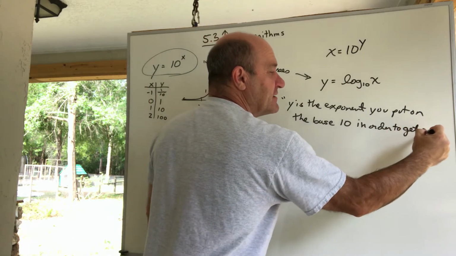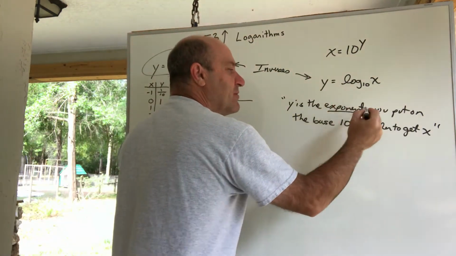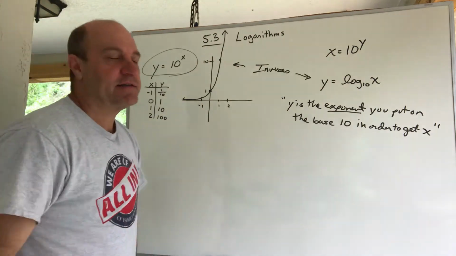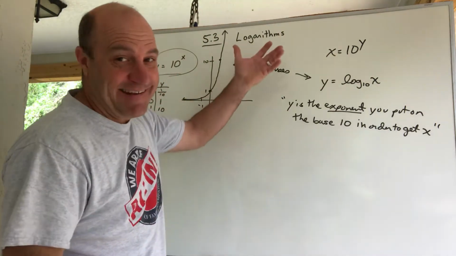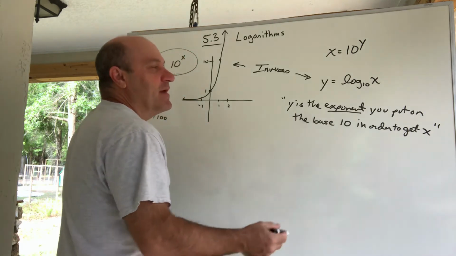That's a long sentence, but it helps when you say that y, the answer to a logarithm, is the exponent you put on the base in order to get x. There's sort of a rhythm to it. Get it? Logarithm.